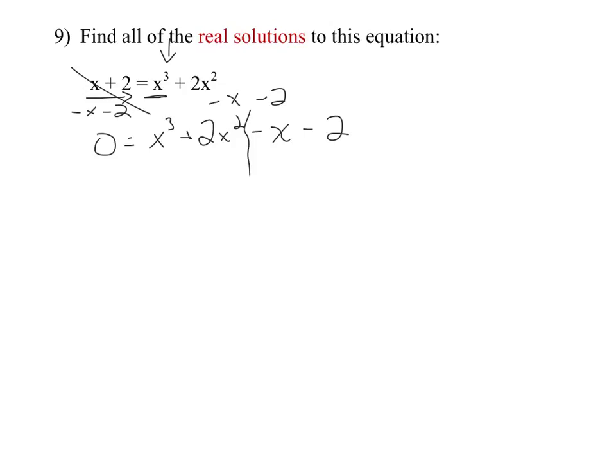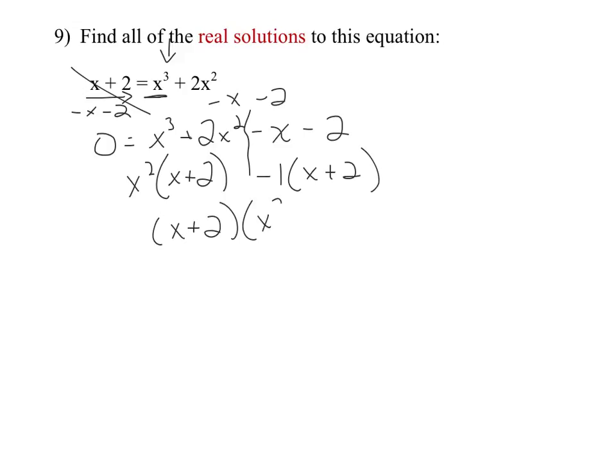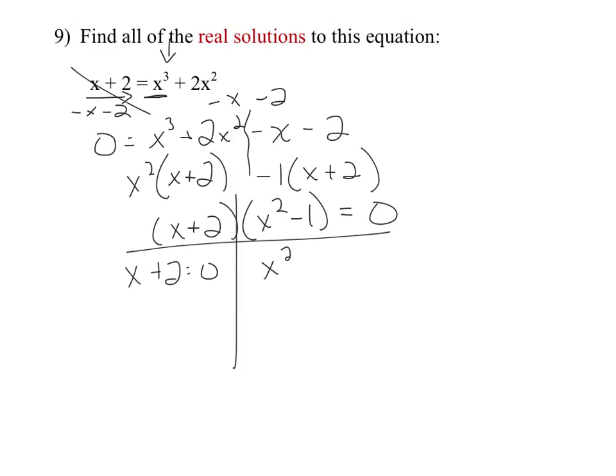Factor by grouping, x squared here, and we're left with x plus 2, -1 here, x plus 2, so x plus 2 is the GCF there, and x squared minus 1 there. Equals 0 can go on either side. We t-chart, set x plus 2 equal to 0, and x squared minus 1 equal to 0, and solve each of these equations. So x equals -2.